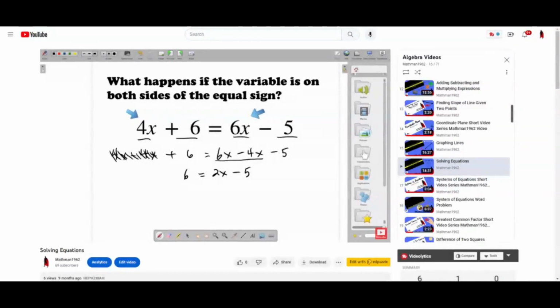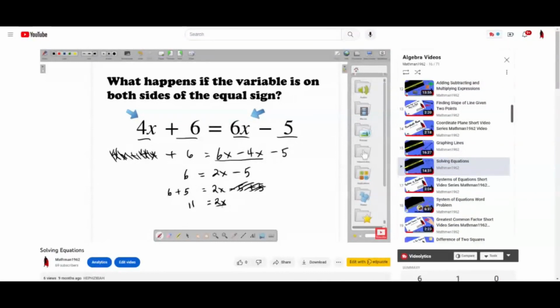Now I need to start isolating the variable, so I get rid of what's being added or subtracted. So since I have a negative 5, I'm going to add 5 so that those will add up to 0. If I do that on the right, I must do that on the left. These are going to add out. Over here I get 11.